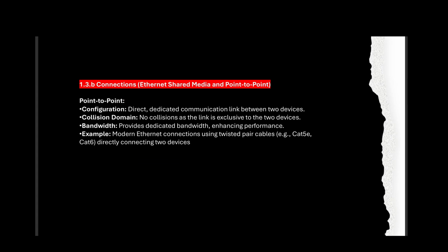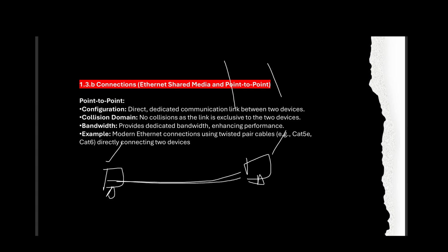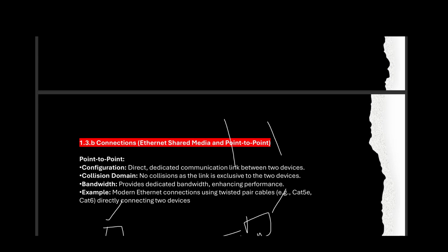I'd like to start with point to point. By the definition itself, you'll understand what that means. It basically says that the connection type is used by one network to another, straight. One best example for this would be the leased line.